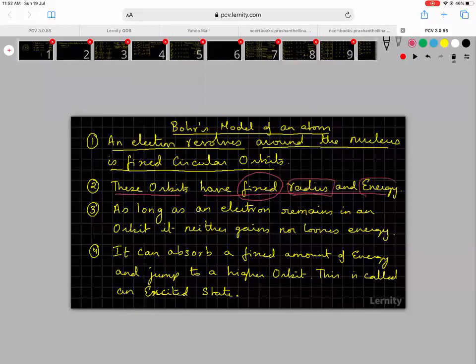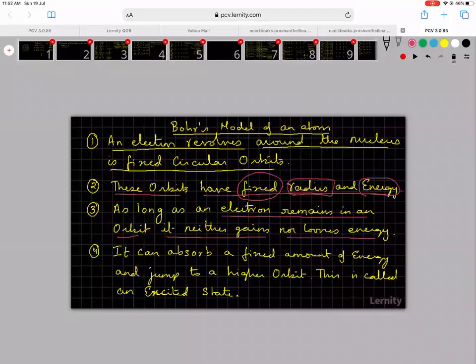Then as long as an electron remains in an orbit, it neither gains nor loses energy. Please understand, this was the problem with Rutherford's planetary model of an atom. They said an electron is going to give off energy. Now Bohr said, look, I don't know why, but an electron will neither give energy nor take energy.